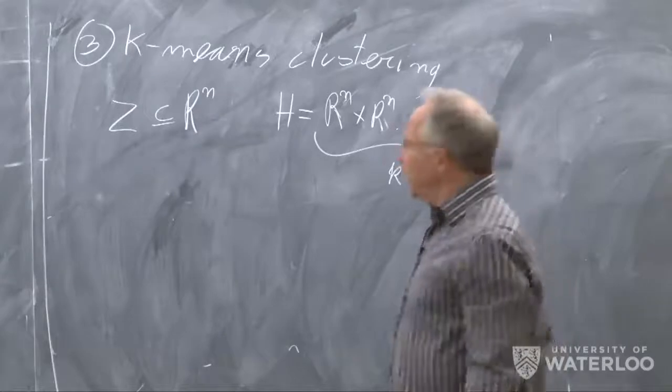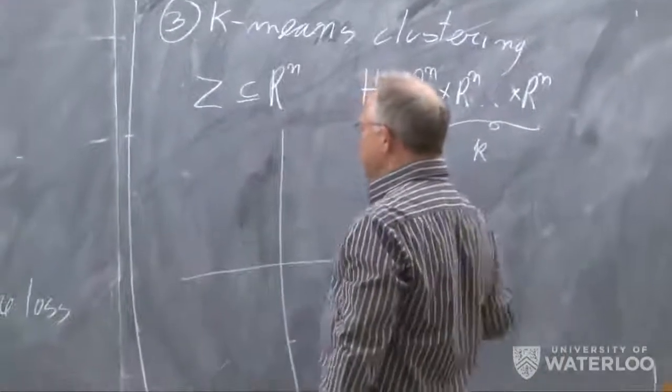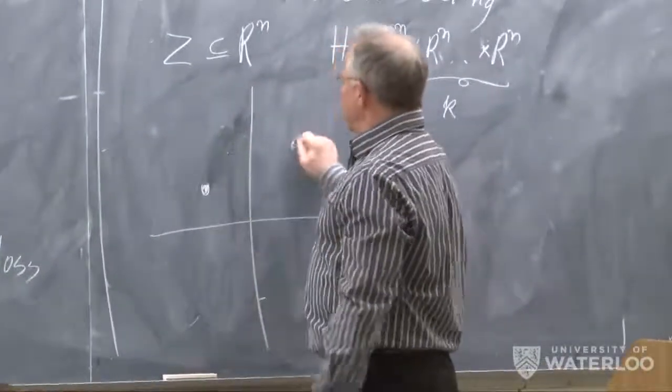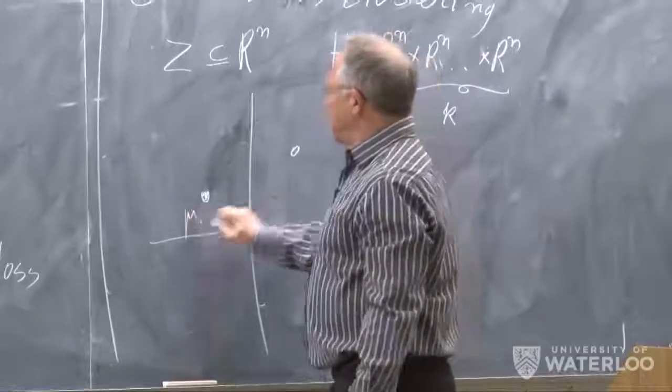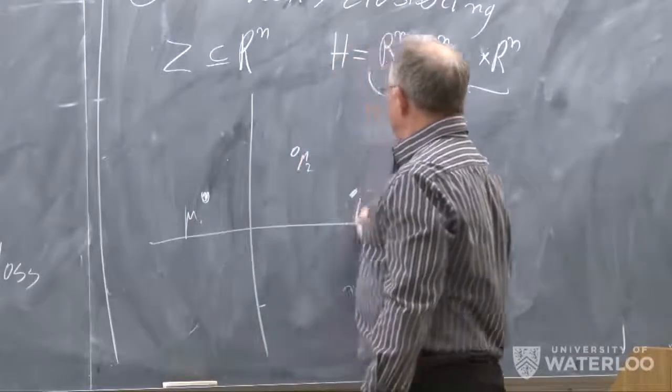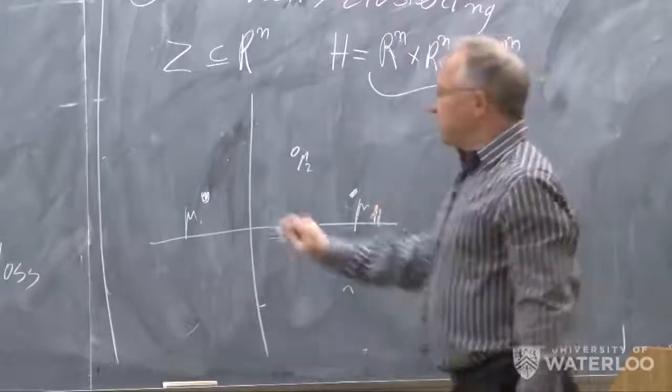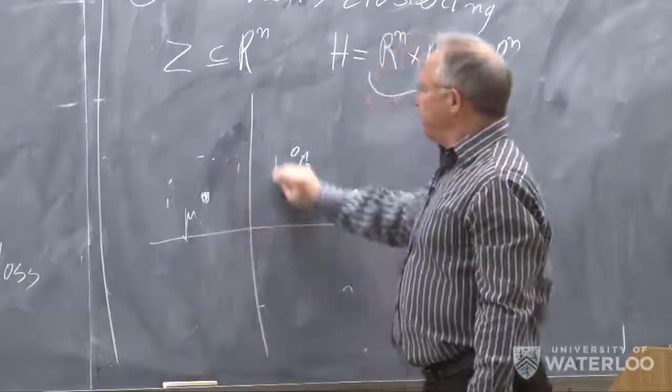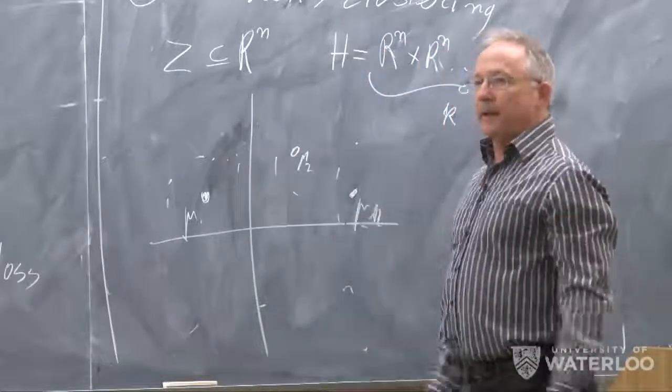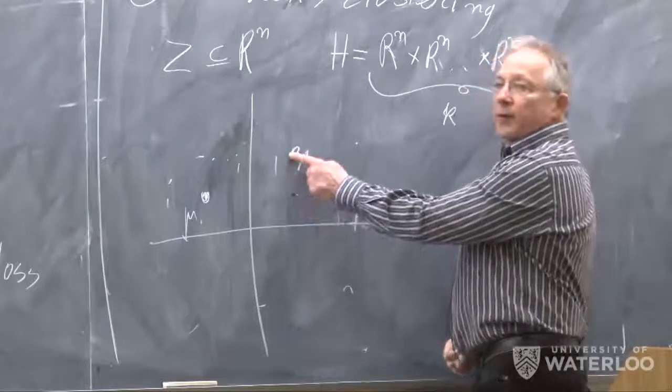What I'm trying to find is a k-tuple of centers mu_1, mu_2, up to mu_k, such that with respect to my distribution, every point is pretty close to one of the centers.